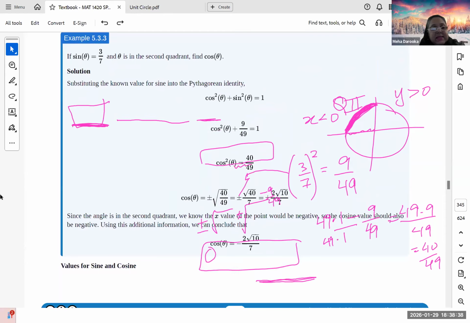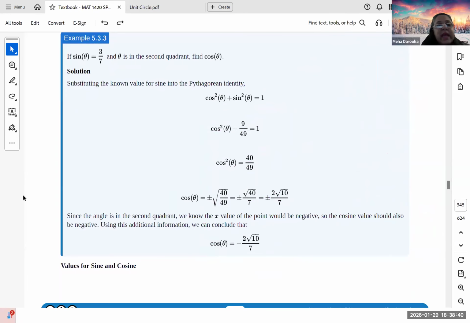So in this case, you would actually go ahead and discard the positive solution, and you would only keep the negative solution. So that was that additional information which comes from which quadrant is your angle going to be in, and that helps you find will cosine be positive or negative.